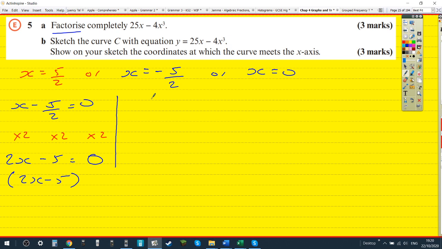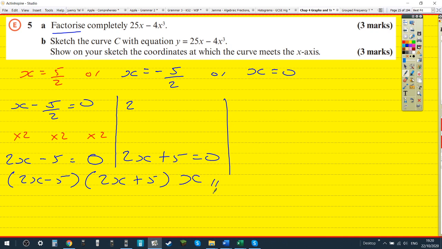Then we times by 2 on both sides. So it'd be 2x add 5 equals 0. So the bracket would be 2x add 5. And then the last one is just x. And that's part A done.